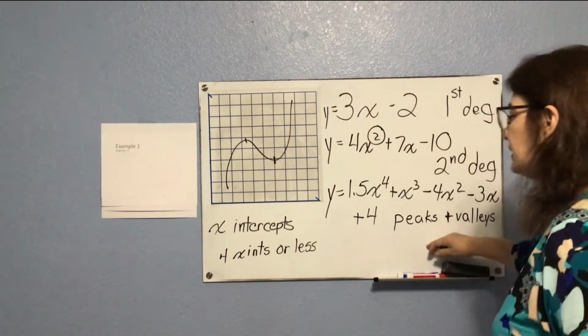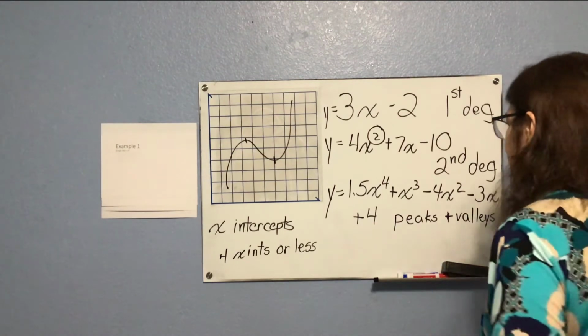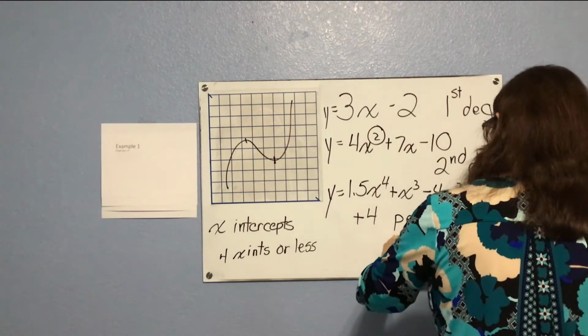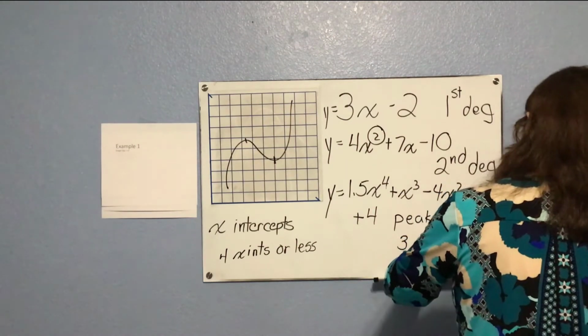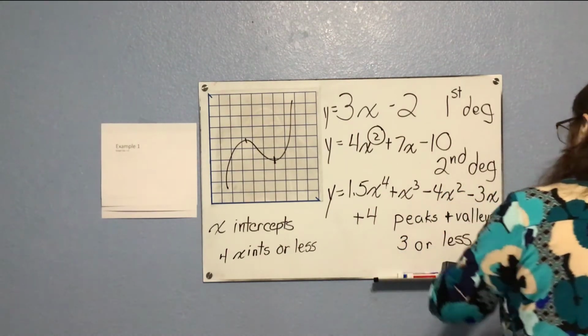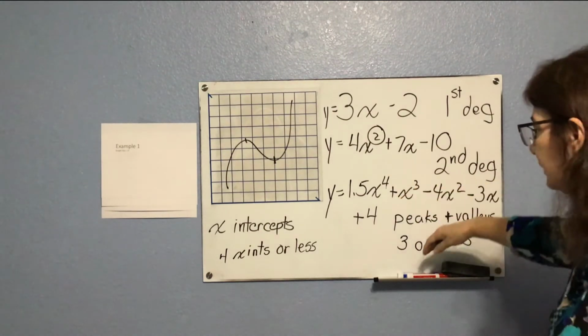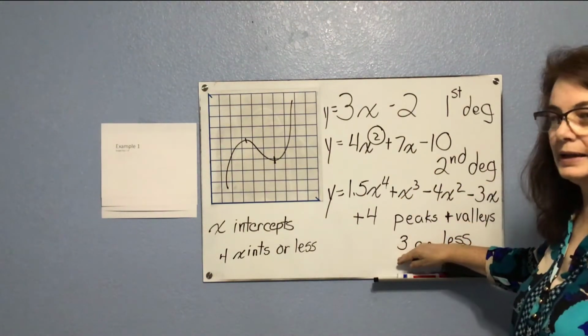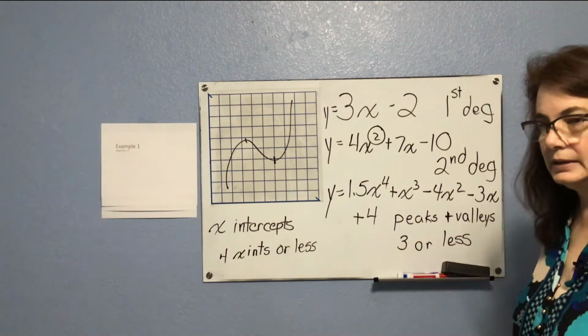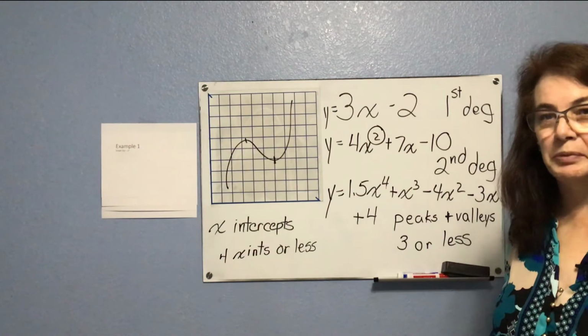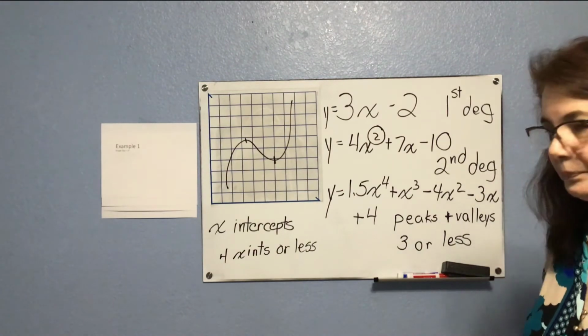So the rule for peaks and valleys for this one, since the degree is 4, is 3 or less. For a fourth degree polynomial, the number of peaks and valleys will be 1 less than the degree. Again, this is a maximum. We might have fewer than that, but we won't have any more than that.